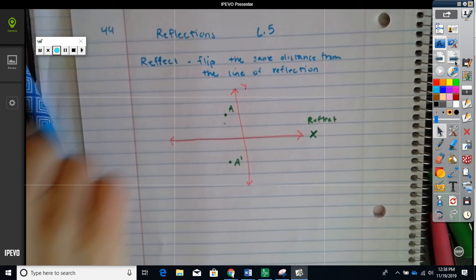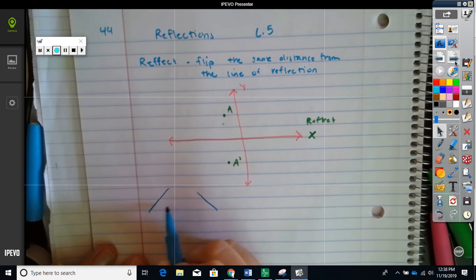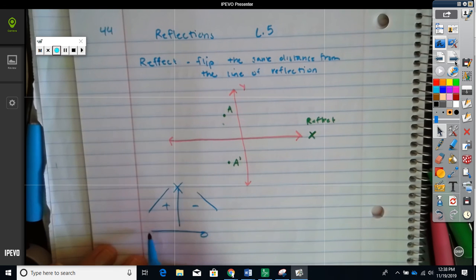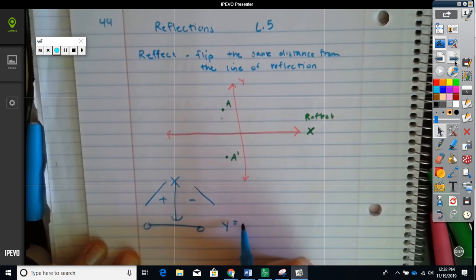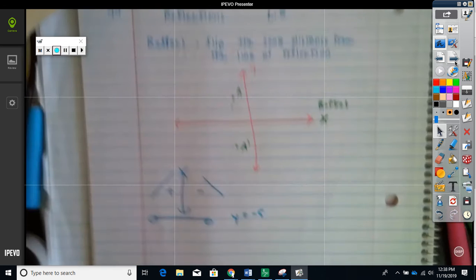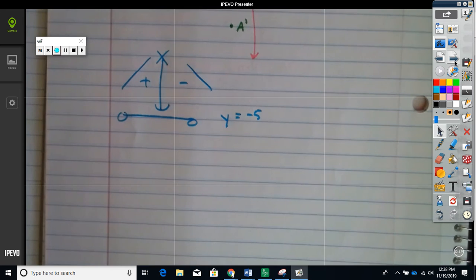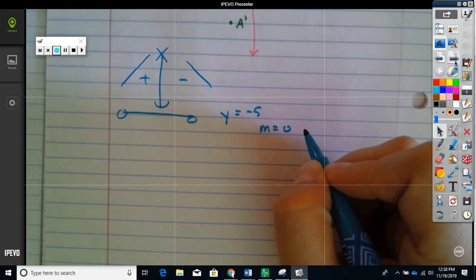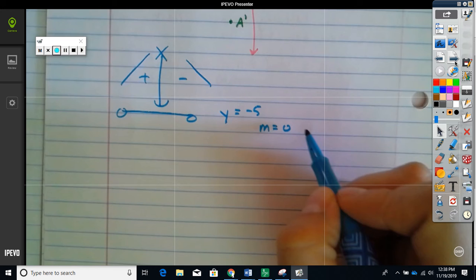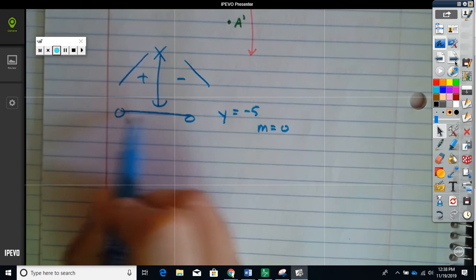Please draw it correctly. If you have a y equals line, like we just did y equals negative 5, that means there's no x. So x is 0, so your slope is 0. M equals 0, slope is 0. When your slope is 0, it's a horizontal line.